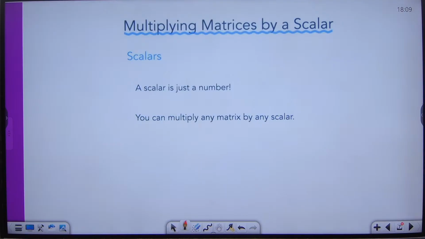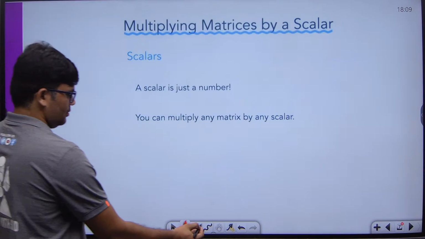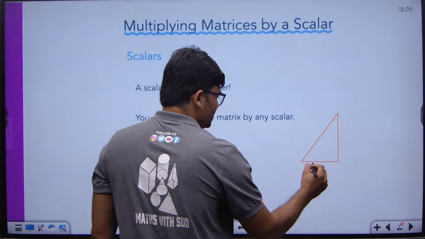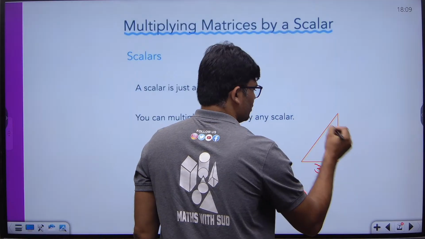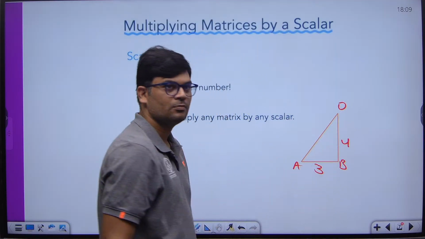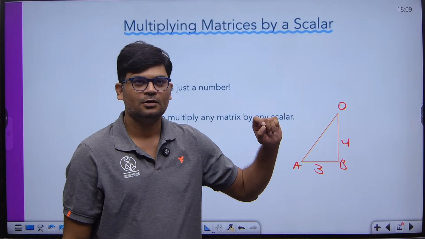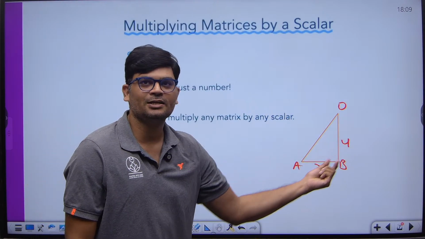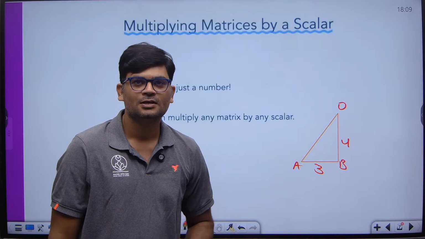So if I add 2 plus 3, for example, let us say this is 3, this is 4, and we are going from A to O via B. If I ask you how much distance I have covered, you will just add the scalars 3 plus 4. How much is it? 7.